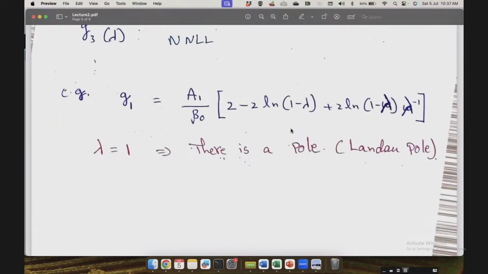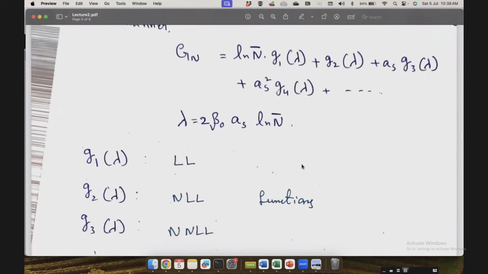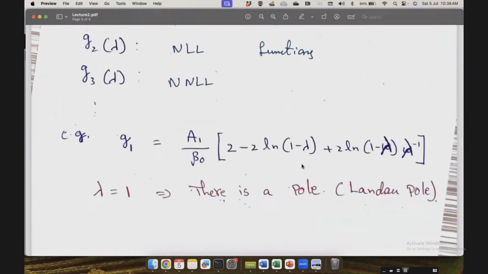So then there is a different problem, that G1 itself explodes. It's a big number, and this big number you are putting in the exponential, it will create chaos. Okay, so historically, simply speaking, there is a singularity, and this singularity is of a different origin, and that's what we call a Landau pole.